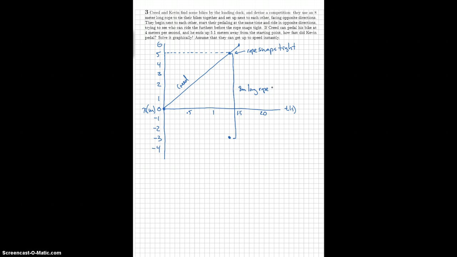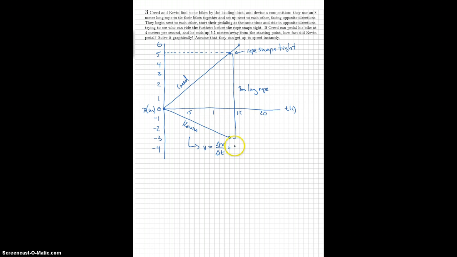Well, if we know they start at the same spot, and now we know where Kevin ends, we can pretty easily draw his position graph. And we want to know how fast Kevin is going. His velocity is the slope of that line, which is delta x over delta t.